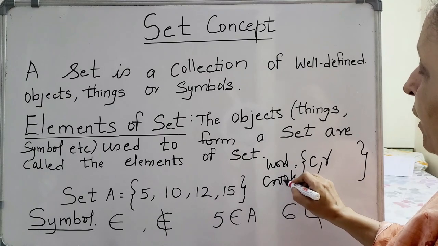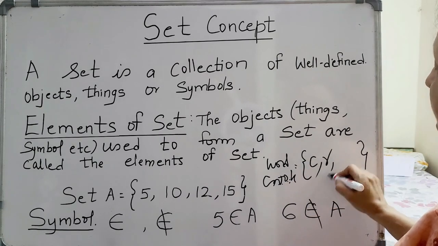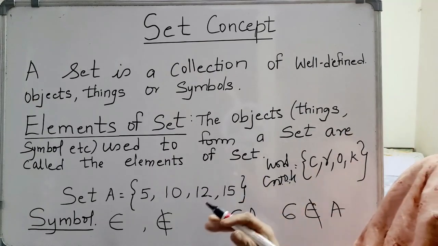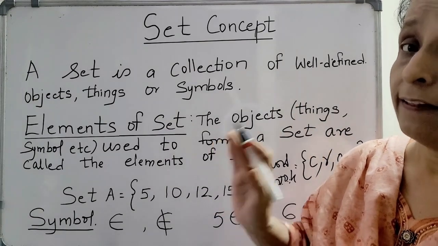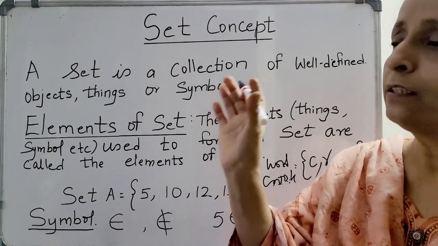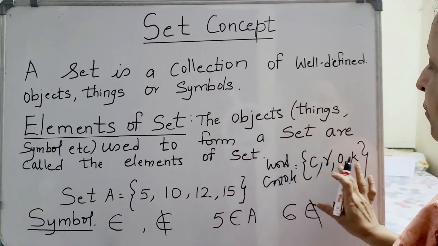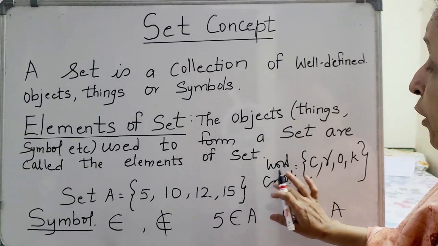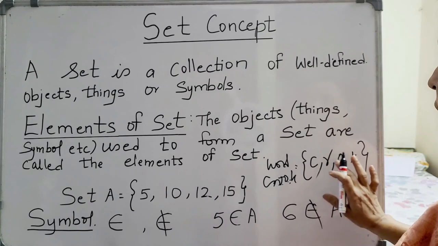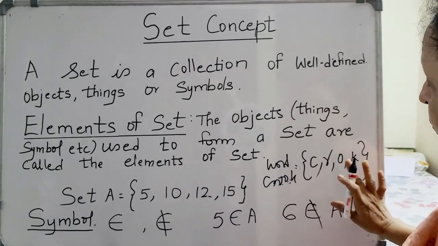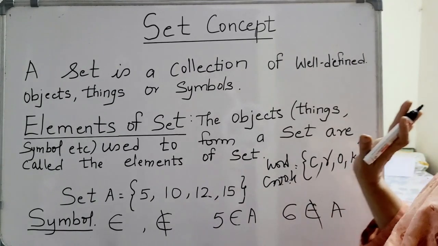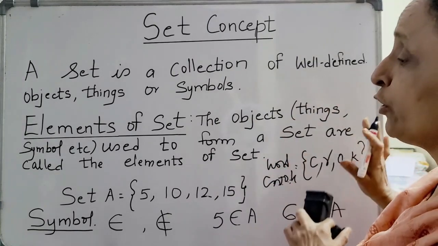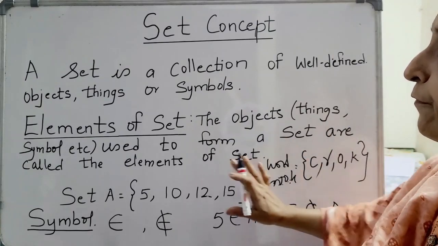O is repeated 2 times, but I just have to write it once. I do not repeat the elements in the set because these are the letters present in this word crook. So it is C, R, O, I have to write only once, K. So this is how you write the set. This is how you represent the elements of the set.